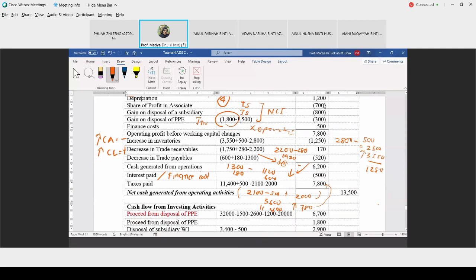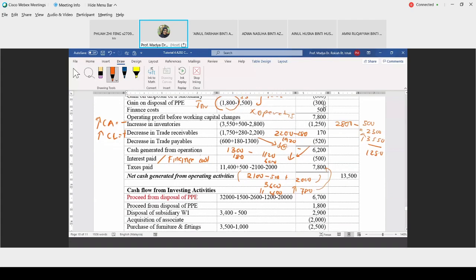Now we look at the investing activity. Investing activity has items which are your long-term assets or non-current assets. We start with your PPE.